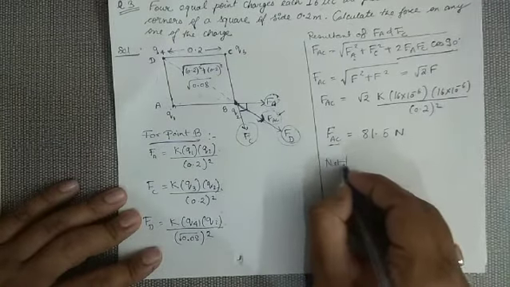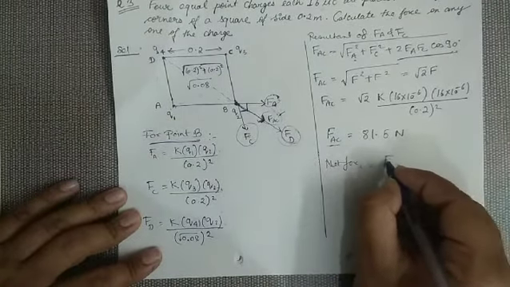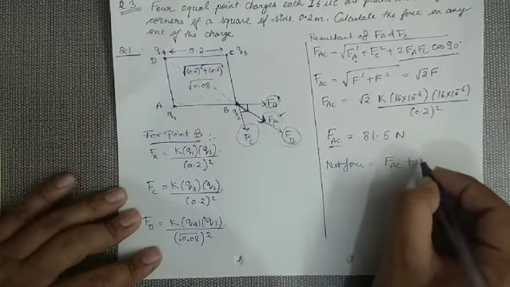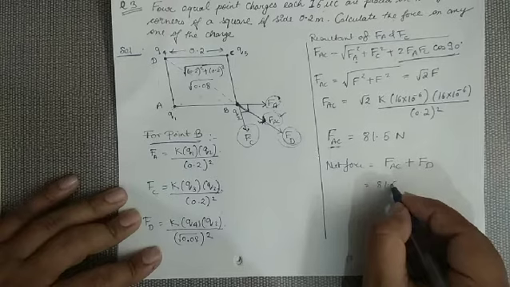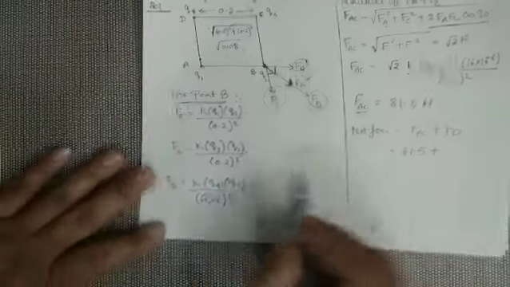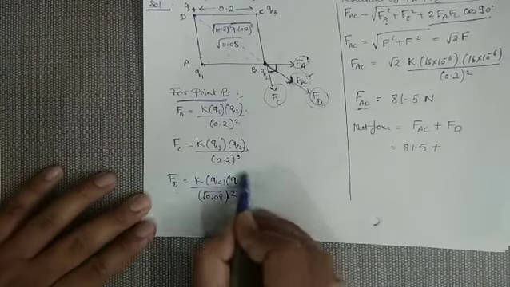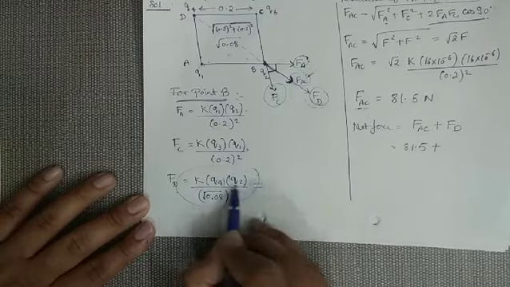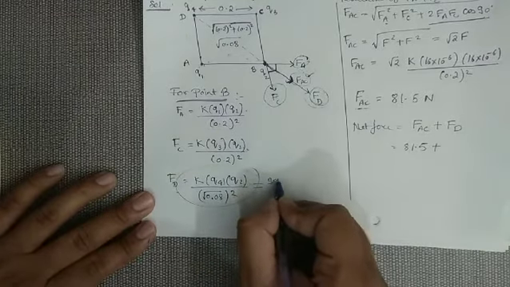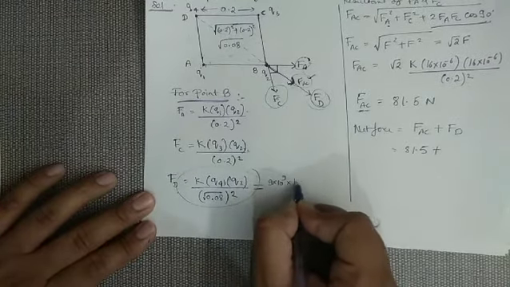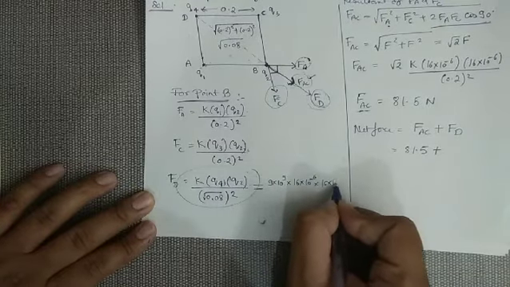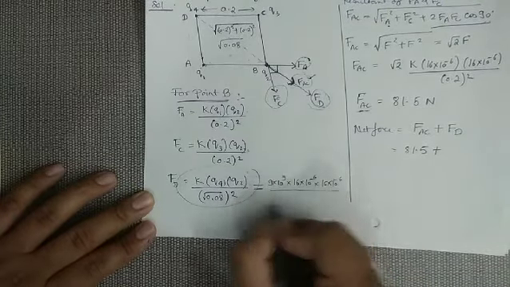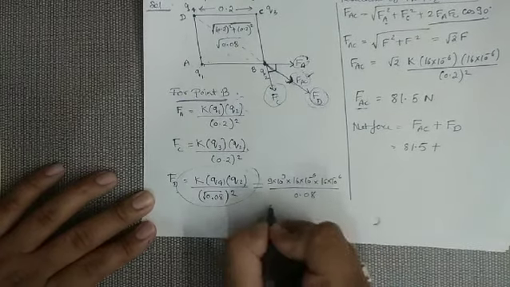So your net force will be FAC plus force due to D. This FAC is 81.5, and let's get the value of FD solved. You know all the values: 9 into 10 to the power 9, 16 into 10 to the power minus 6, again 16 into 10 to the power minus 6, upon 0.08.